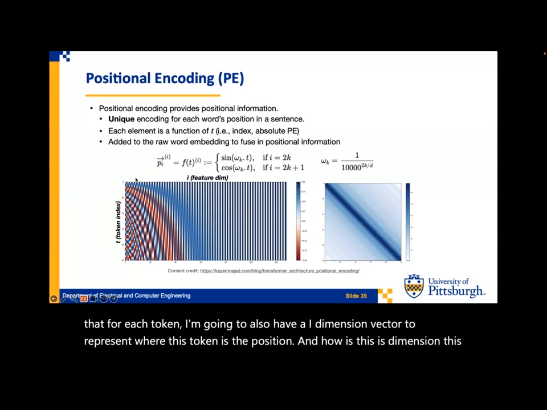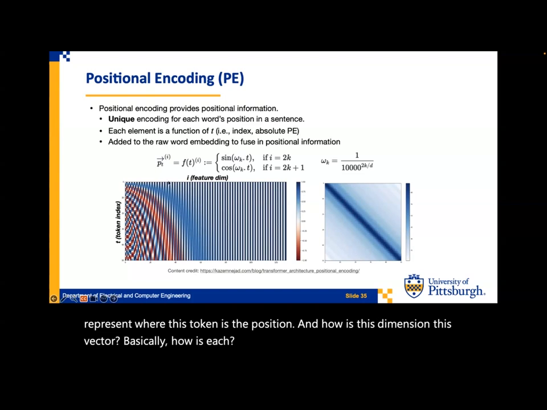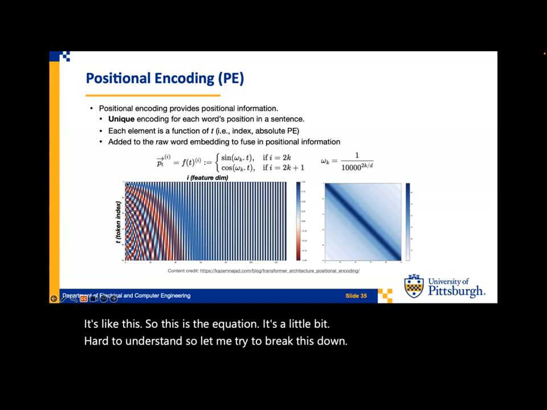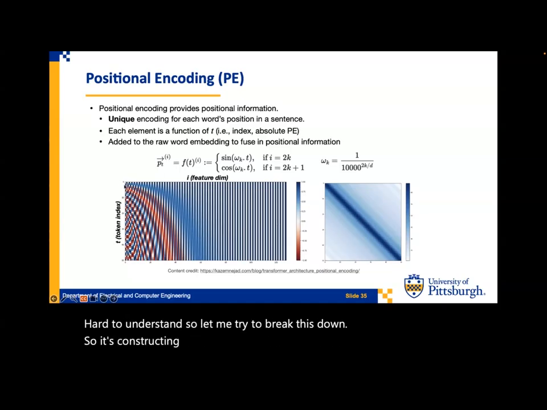And how is this whole row constructed here? It's like this. This equation is a little bit hard to understand, so let me try to break this down. It's constructing each value in this vector in a very particular way. So let's first look at this.